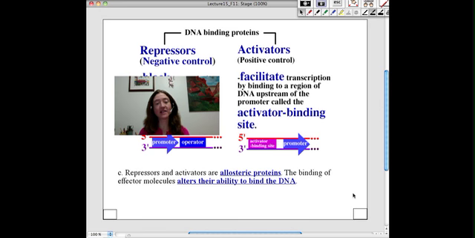Enzymes were binding substrates and their effector molecules changed their ability to bind their substrates. Well, in the world of DNA binding proteins, the effector molecules bind to those proteins and affect their ability to bind DNA. So they may either induce or allow the binding, or they may stop the binding, and we're going to talk about sort of the lingo that goes behind some of that.